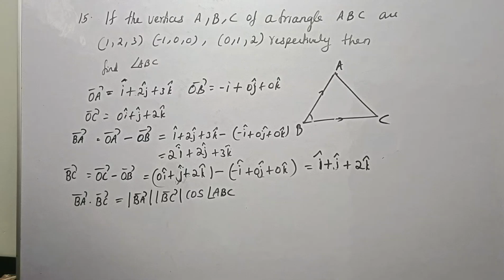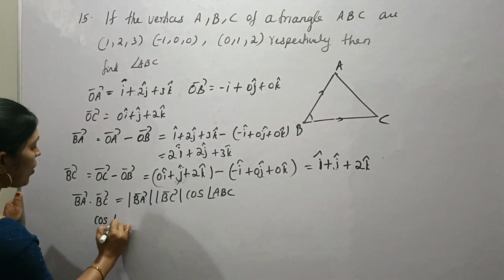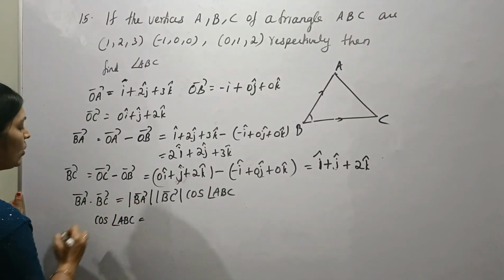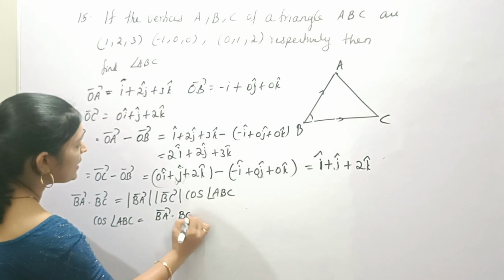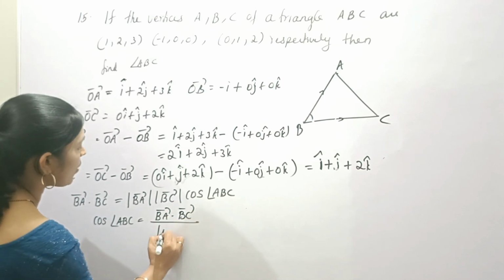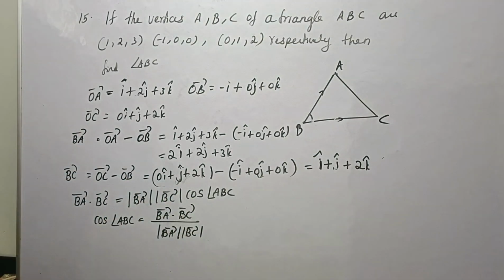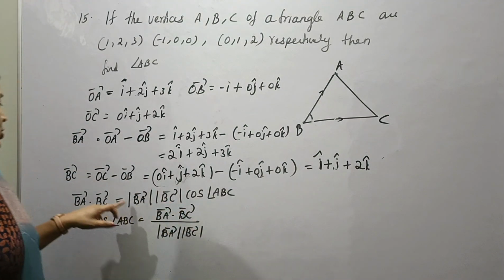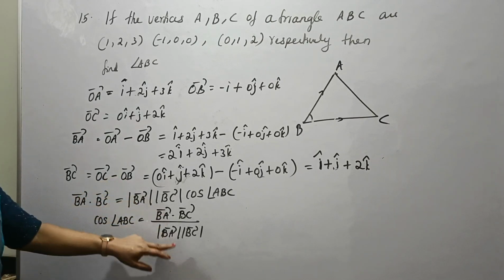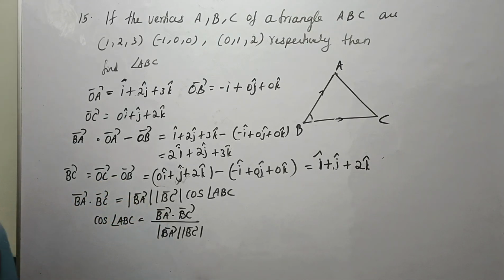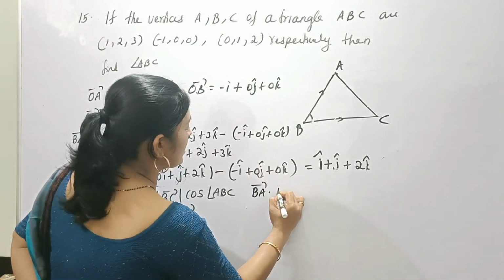Now we need to find the angle. So we can write cos of angle ABC is equal to vector BA dot vector BC divided by modulus of vector BA into modulus of vector BC. Now we need to find the dot product of these two vectors and their magnitudes.